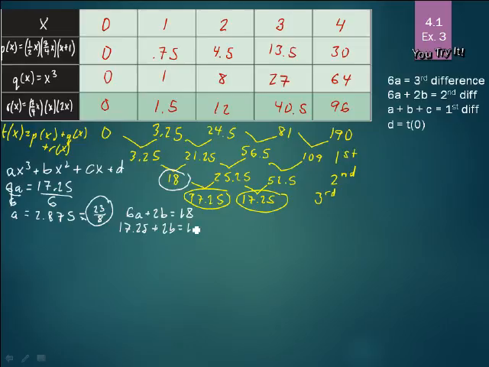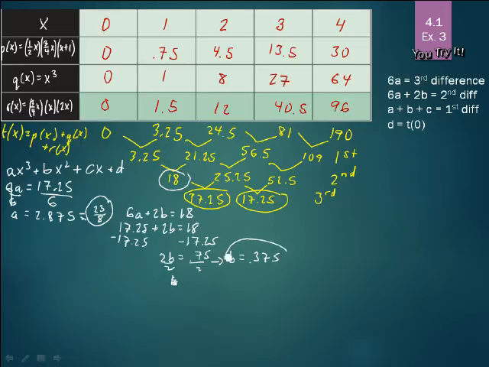Subtracting 17 and 25 hundredths on each side, we get 2B equals 75 hundredths. And if we divide by 2 on each side, then we get B equals 375 hundredths.